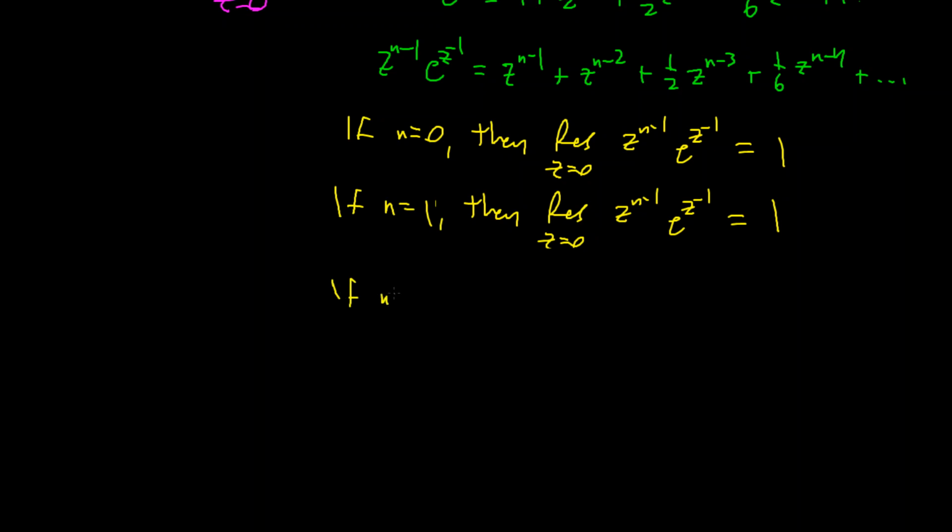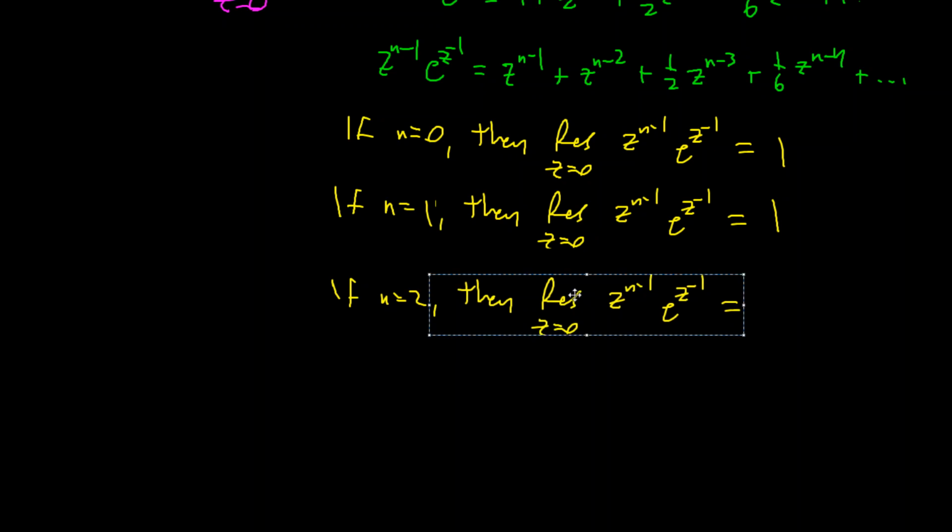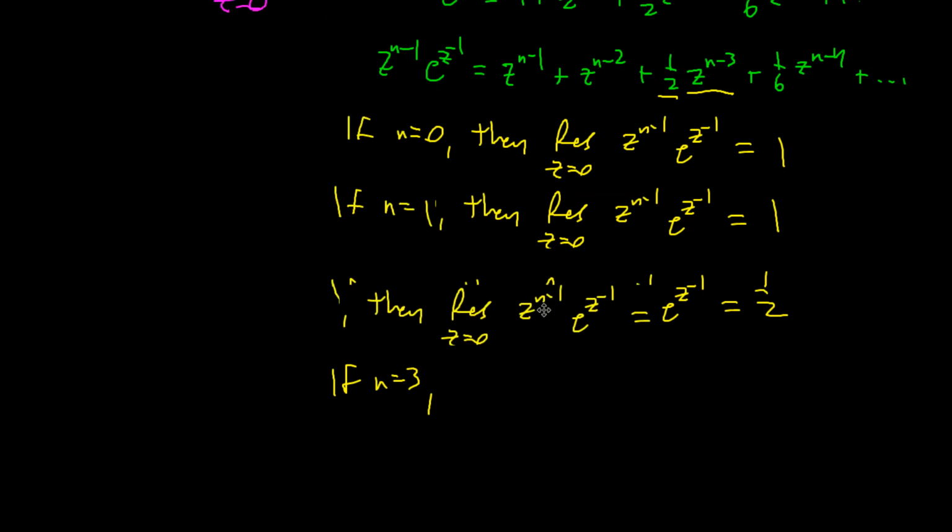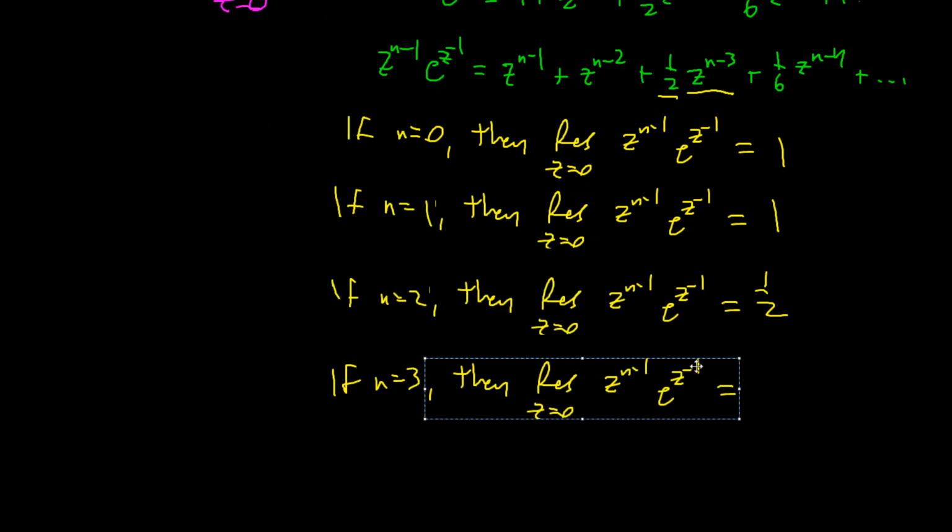And if n equals 2, then this is the z to the power of negative 1 term, and its coefficient is 1/2. And finally, if n equals 3, then this is the term that is z to the power of negative 1, and its coefficient is 1/6.